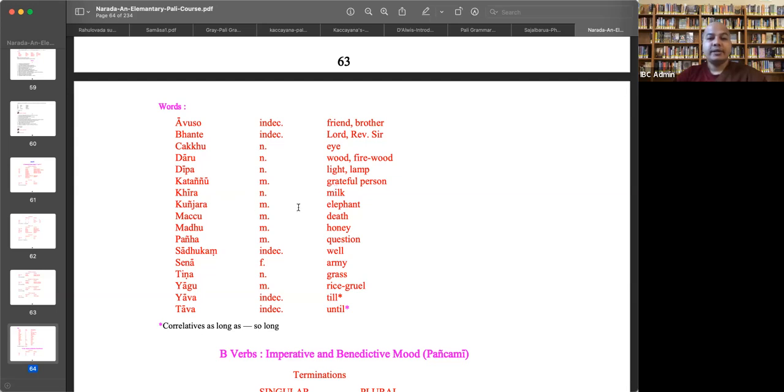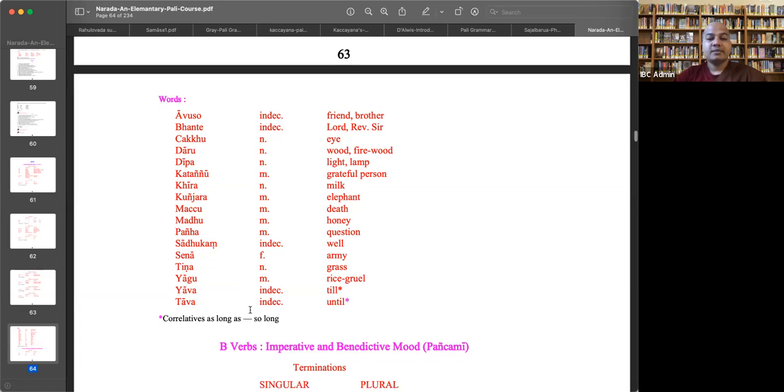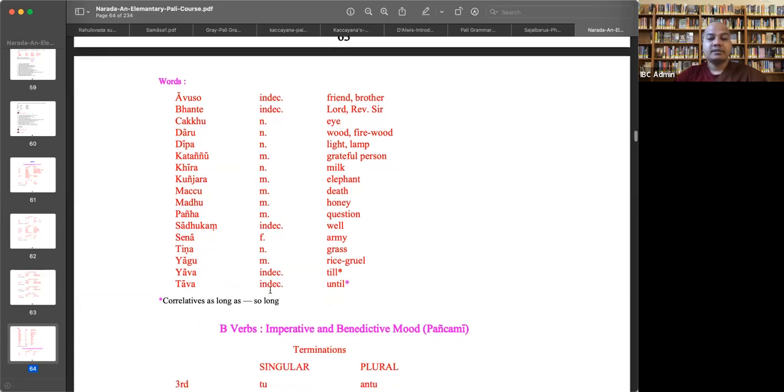Khira, milk. Kunjara, elephant. Maccu, death. Madhu, honey. Panha, question. Sadhukang, well. Sena, army. Tina, grass. Yagu, rice gruel. Yava, till. This is an indeclinable particle. Tava, also an indeclinable particle, meaning until.